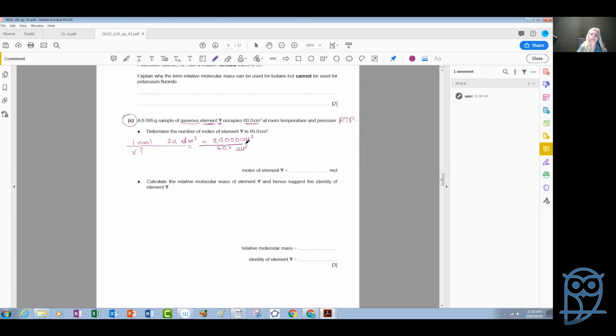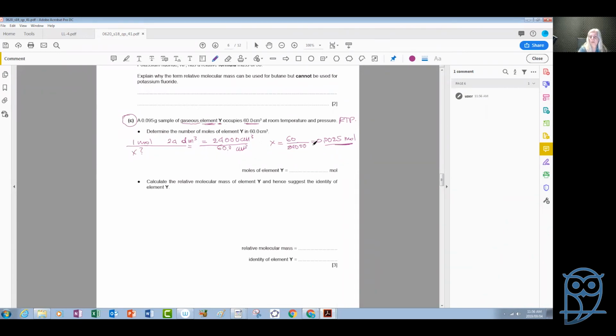We can take the ratio, and we can find that the number of moles is 60 divided by 24,000. And what is this now? 0.0025 moles. So we found how many moles of this element, the gaseous element Y, we have.